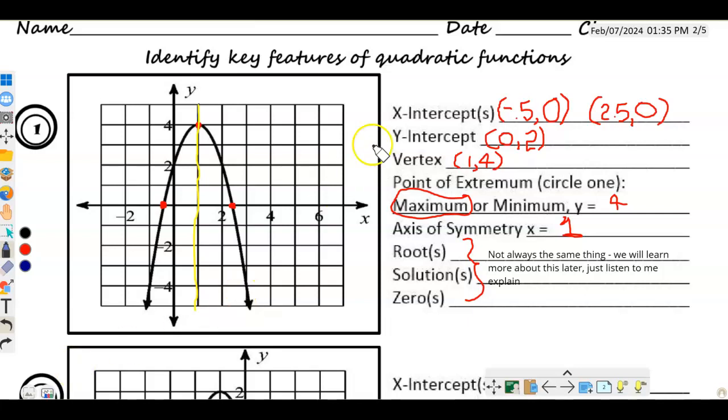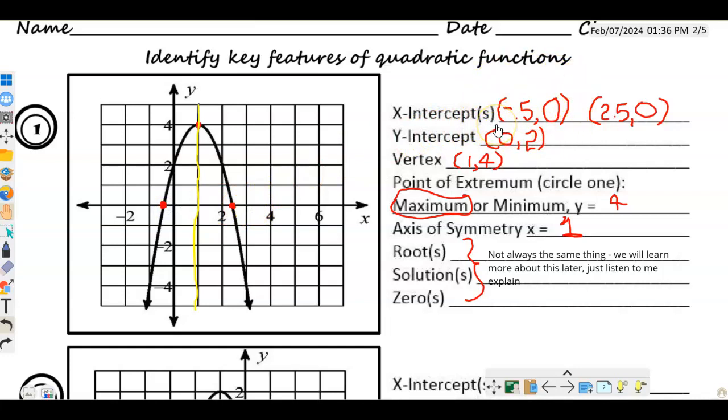So the first thing that you see up here is I want you to write down the x-intercepts. We know that the x-intercepts are the places where your graph crosses the x-axis. So you are going to identify those places, and I want you to write them as an ordered pair.